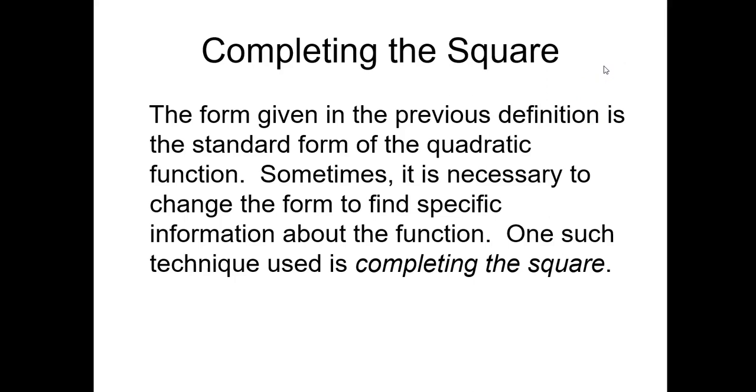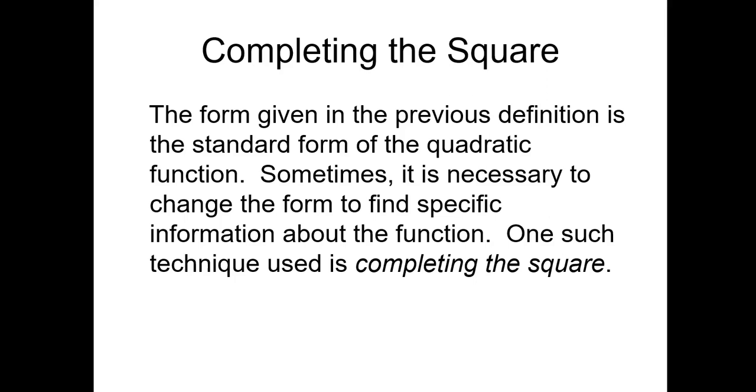Now the form that I was just typing into the calculator is the standard form. The standard form is great. It tells you it's a quadratic function and you can actually get a lot from it. But sometimes it's necessary to change that standard form into a different form by a process called completing the square.